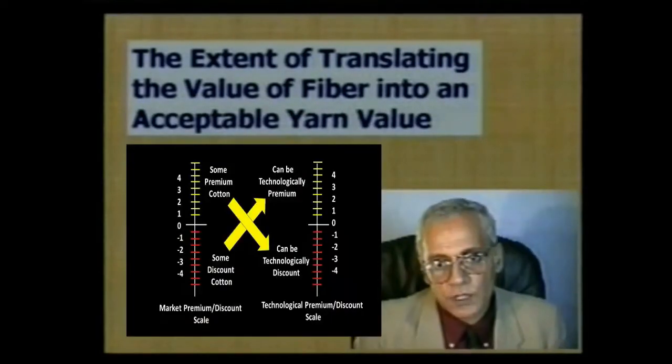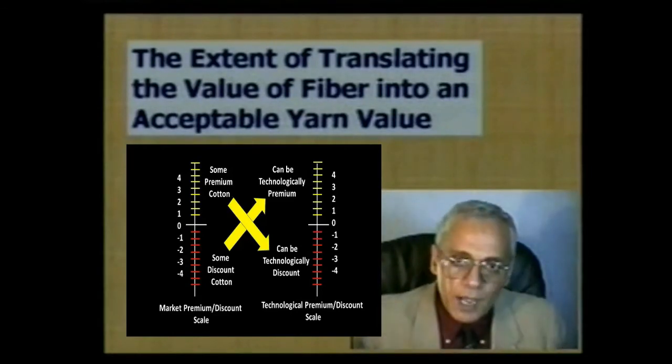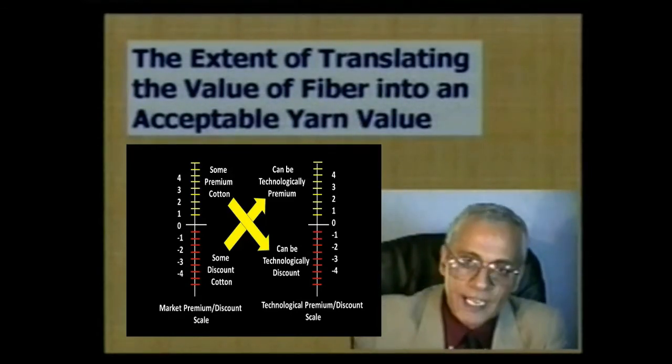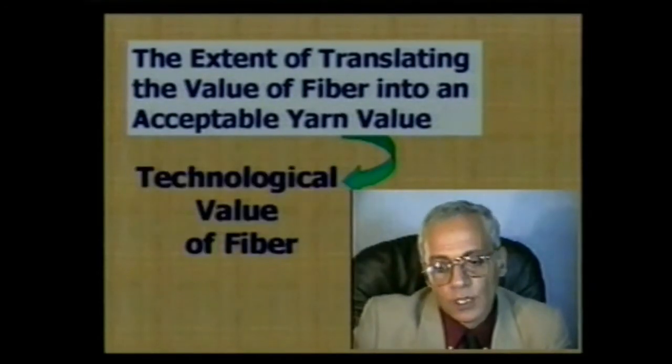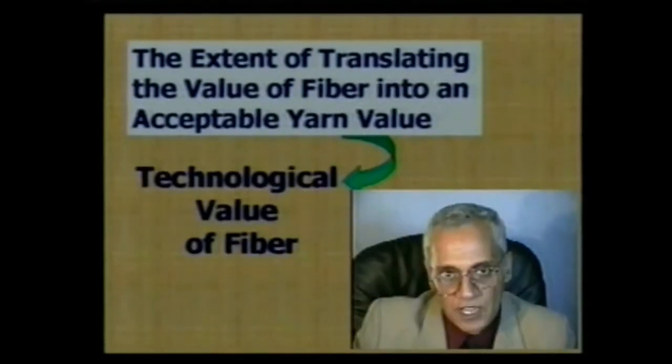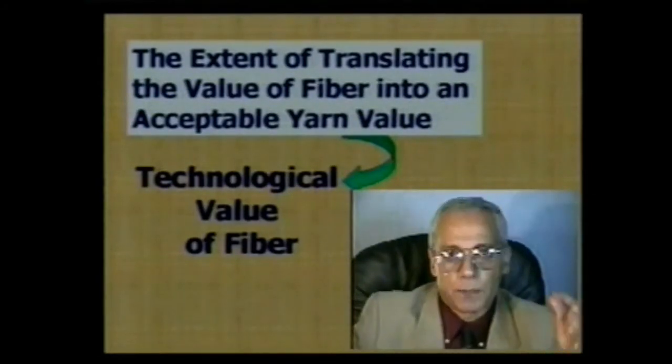But in this course, in addition to all of that, we discuss a model that will help you actually achieve that. We call that the technological value model, which deals specifically with determining the technological value of fibers.